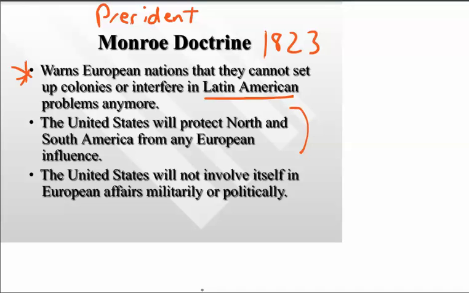Now, on the other side of the equation, we also said in the Monroe Doctrine that we're going to stay out of European affairs militarily and politically. Okay? We're not going to get involved in European wars. Now, President George Washington had said the same thing a generation earlier when he was president.